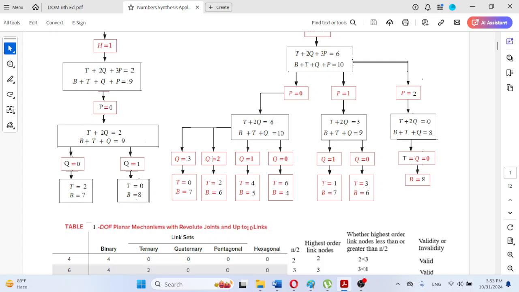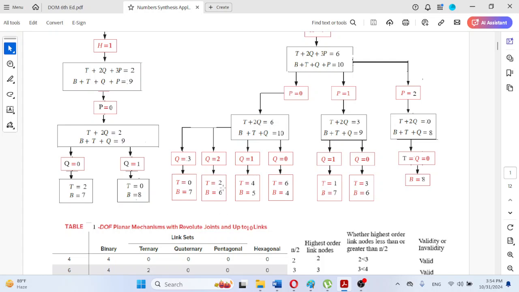And when q is equal to 2, here we observe that 2 multiplied by 2 is 4, t plus 4 is equal to 6, so 6 minus 4, t is equal to 2, and the lower equation will give in a similar manner q is equal to 2 and ternary is equal to 2, so 2 plus 2 is 4, so 10 minus 4, b is equal to 6.